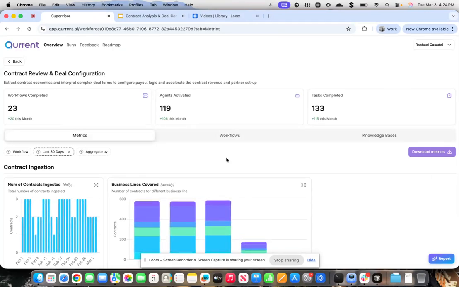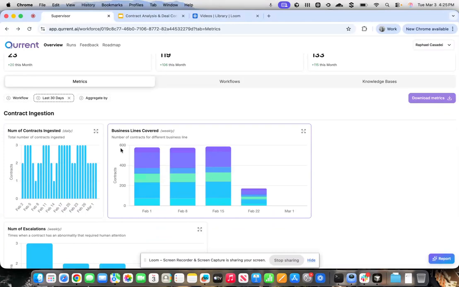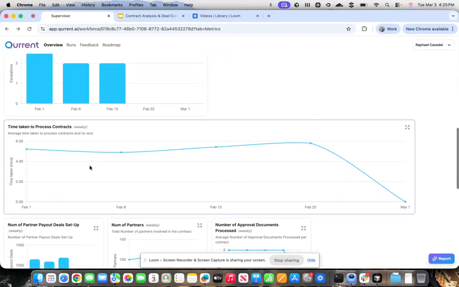If you imagine that you're deploying this workflow for an enterprise customer or in an enterprise environment where there's a lot of velocity and a lot of volume of contracts, you can start seeing the number of contracts ingested per day, potential number of business lines that are covered in terms of which contract is supporting what business line, and if there's a critical escalation requiring human attention by the workflow that I was just showing, because there is something that is really off with the contract and must be investigated by a human, but also the processing time of the entire workflow.